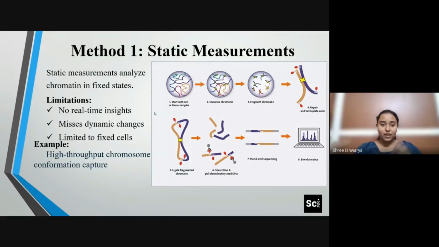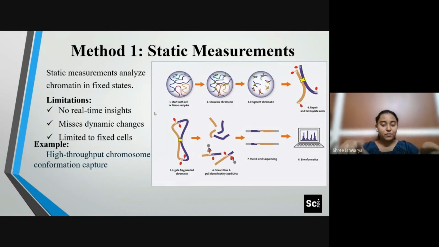In static measurements, you are taking a cell in a fixed state, and this cell is dead by the time you are analyzing it, and you are analyzing only the chromatin at a point in time. This chromatin changes dynamically from time to time. Here in static measurements, you are just analyzing a chromatin at a particular time. Therefore, in this method, there is no real-time analysis, and this is limited to only a few cells. We can't analyze a large number of cells here.